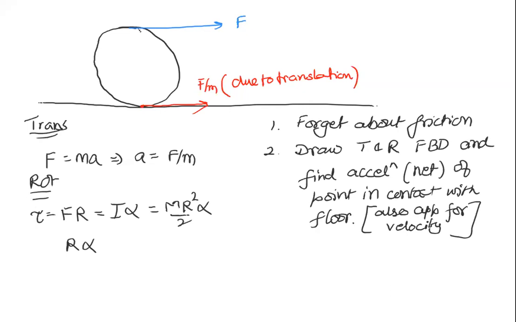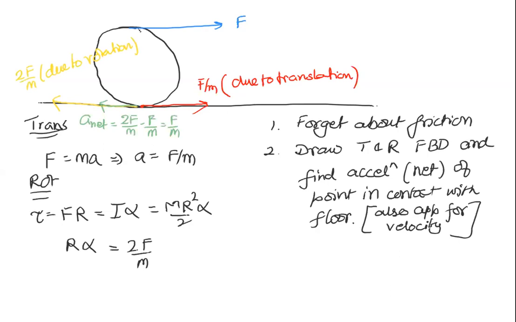And therefore, R alpha is equal to 2F by M. So the acceleration of this point due to rotation is 2F by M. And therefore the net acceleration will be 2F by M minus F by M, which is equal to F by M.